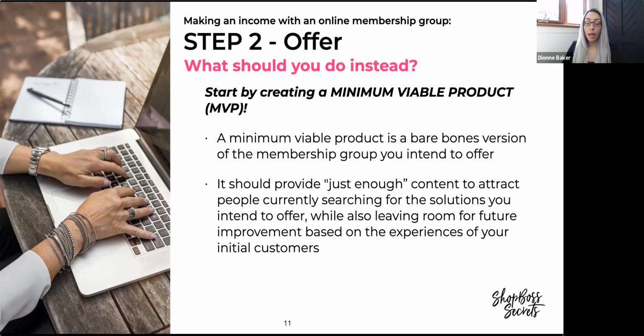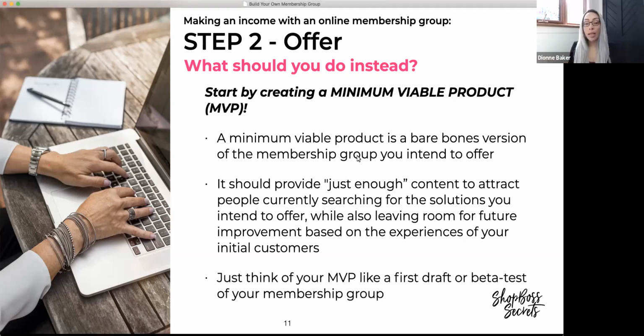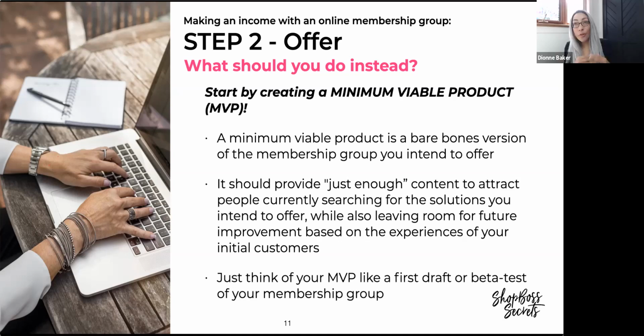Also leave room for improvement, or 2.0 or 3.0 releases inside of your membership group. Ultimately, it allows the subscribers to have input or say into the direction that this group grows. And I just want you to think of your minimum viable product like a first draft of your membership group online.